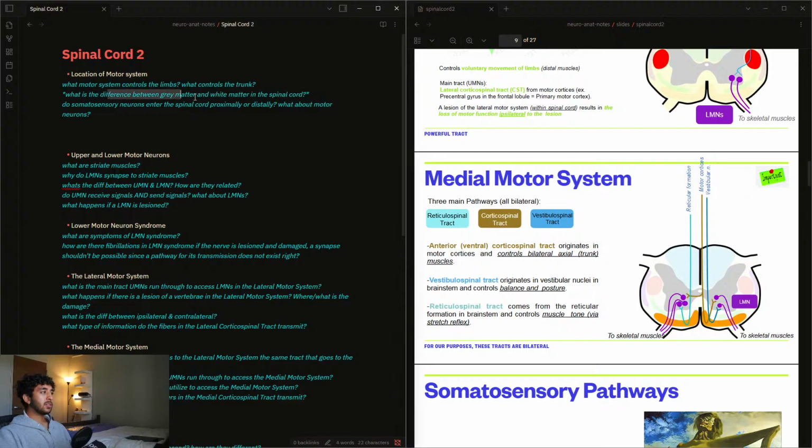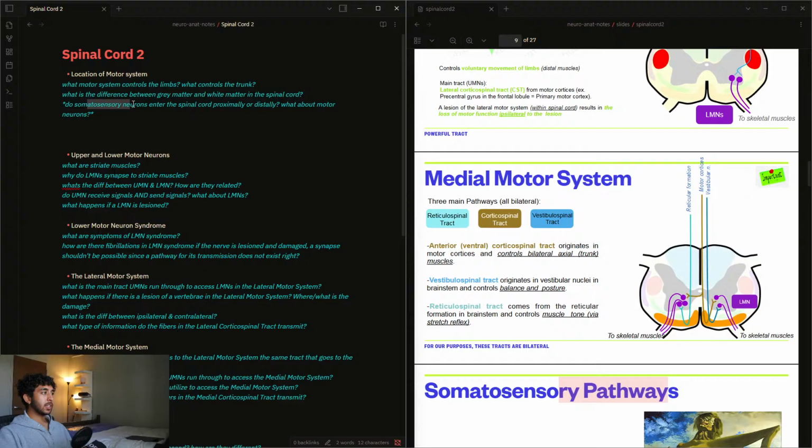So I would say the difference between gray matter and white matter is that gray matter contains the horns within the spinal cord, and those need to be accessed before the white matter is accessed through the motor or somatosensory pathways.